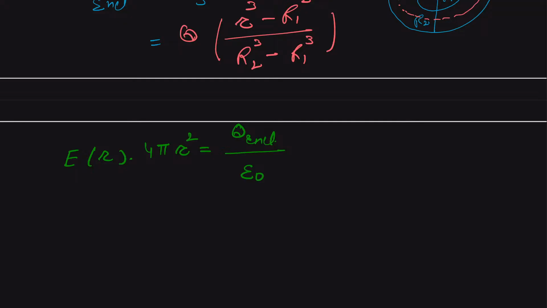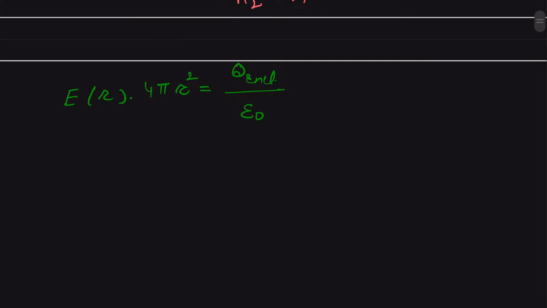And from here we can say that for the electric field at a distance r, we can just substitute the values.